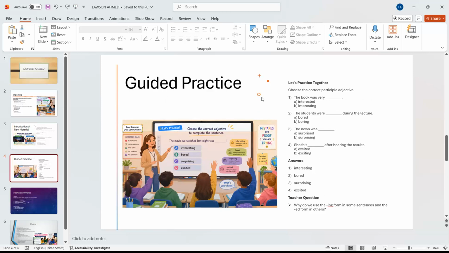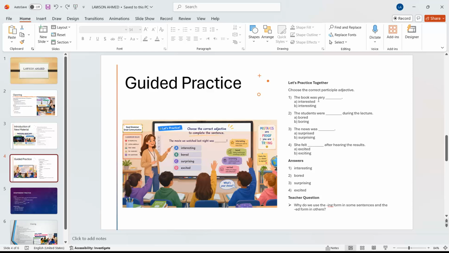Let's go through some guided practice together. Choose the correct participle adjective. Number one, the book was very A. interested, B. interesting. So what do you think? Here, the book will cause the feeling of excitement.